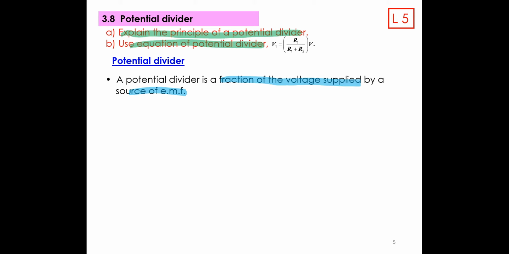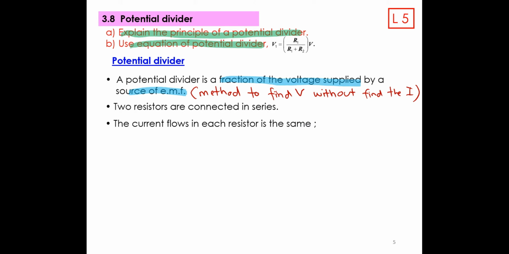In simple words, potential divider is a method to find V, electric potential, without finding the current. This is a method actually. That's why potential divider is a fraction. Fraction is bahagi, ratio.